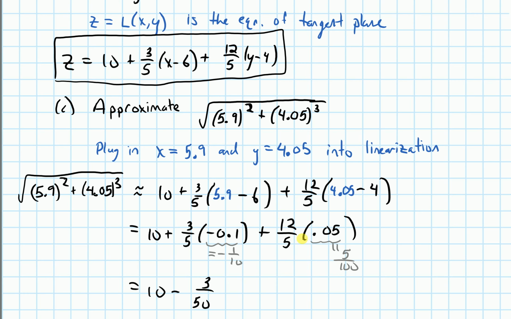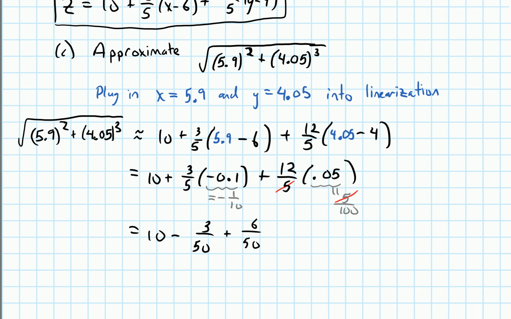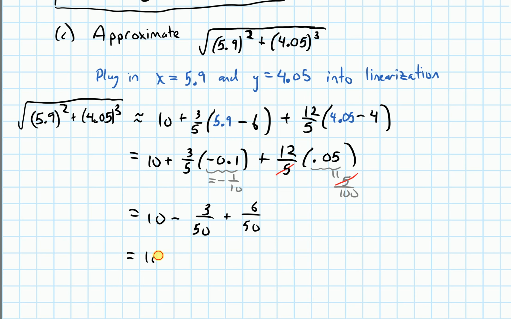And then 12/5 times 5/100, we can cancel the 5s. And if I were to divide the top and the bottom by 2, I'll get a common denominator. So I'll end up getting plus 6/50 if I do that. And so we get 10, and then negative 3/50 plus 6/50, that's plus 3/50, which is 10 plus 0.06 as a decimal, which is adding these, 10.06. That's our approximation right there.